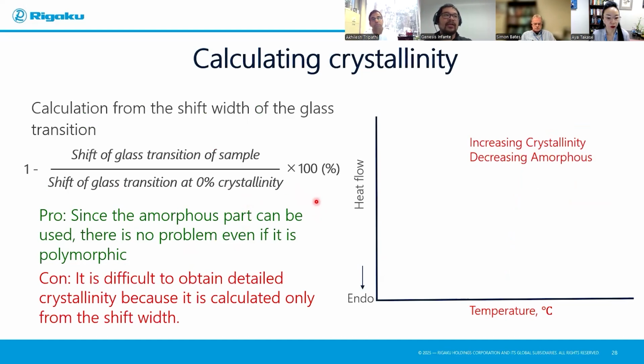In this case, you'll have something fully amorphous, a 0% crystalline sample. The con is that it is sometimes difficult to determine crystallinity with this method because we're really looking at the shift, right?